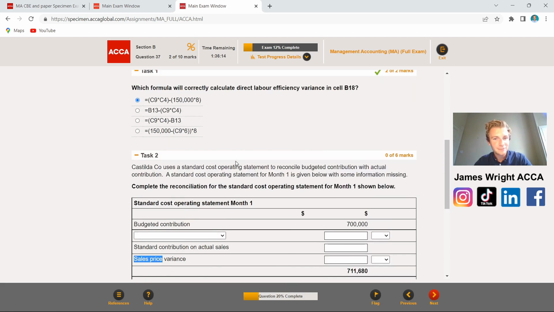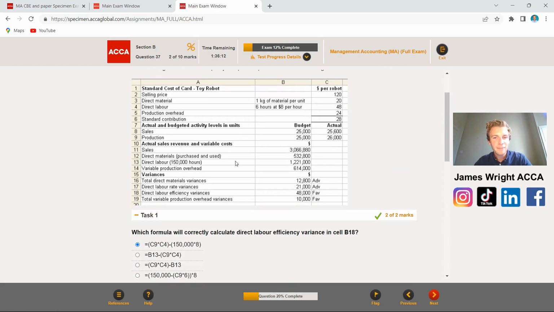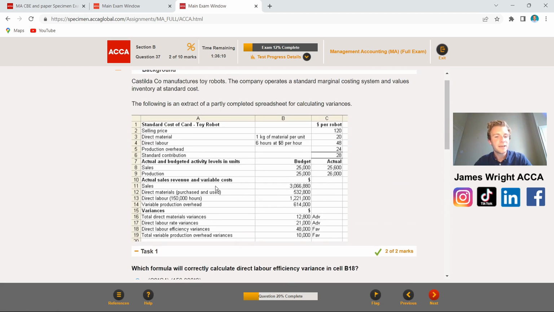Sales price variance. So let's head back up to the actual question up here. We're looking at the actual sales for the year, which was $3,066,880. That was physically what actually happened. But now what we've got to say is, well, okay, what were we expecting to happen throughout the year?